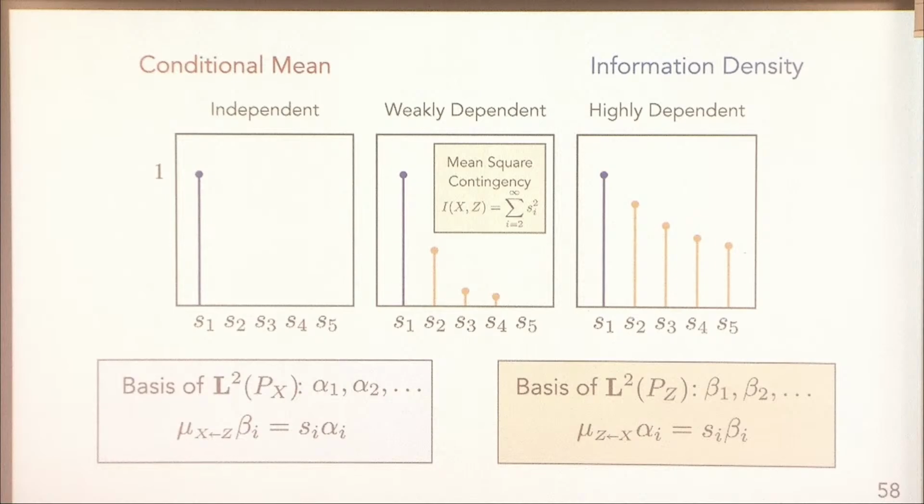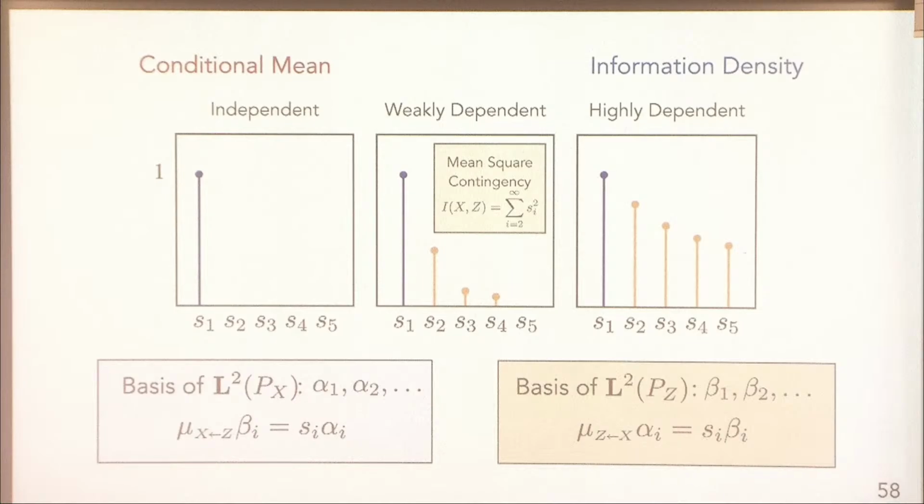So the first singular value has no use, right, it will always be 1. So you can throw it away. And then the next singular values, the ones from 2 to infinity, they capture the dependence between X and Z. So the larger they are, like the slower the decay, the greater the dependence between X and Z. So here X and Z are like image and pseudo captions, right?